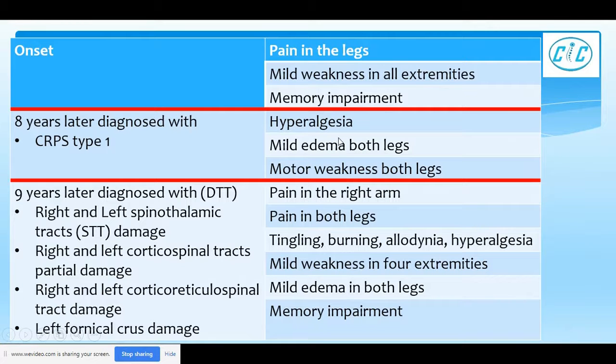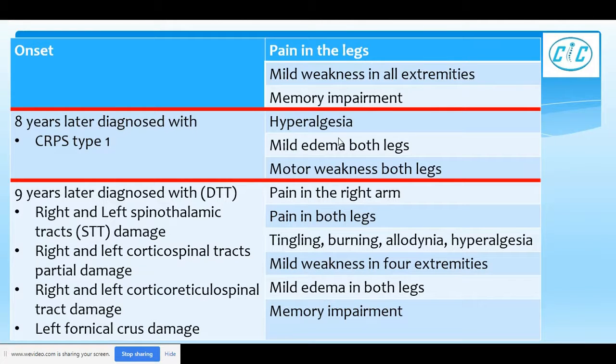Here is the patient history, from the onset of treatment by the clinicians, where the patient felt pain in the legs, mild weakness in all extremities, and memory impairment.